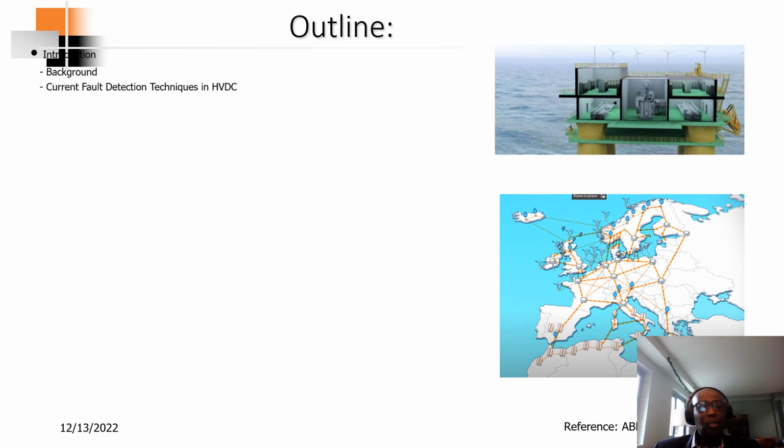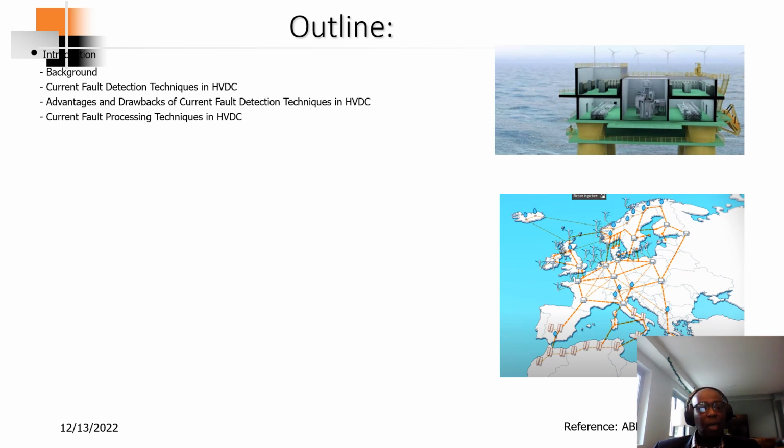Then I'll talk about the current fault detection techniques in HVDC, high voltage DC transmission system. Then I'll talk about the advantages and drawbacks of the current fault detection techniques that we have in high voltage DC transmission system.